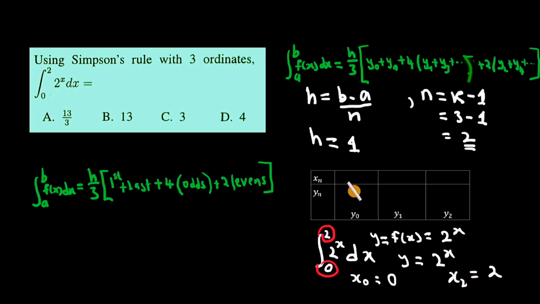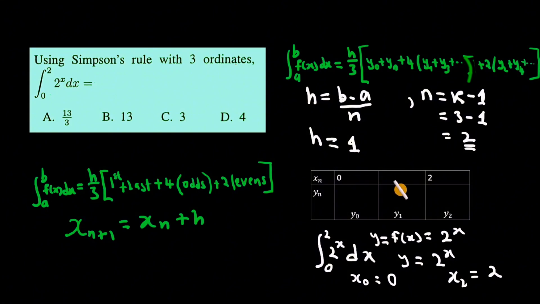Now x0, the value is 0. The formula to get any x value along the x axis using the step length is x(n+1) equals xn plus h. That is, to get the next x value, I add h.